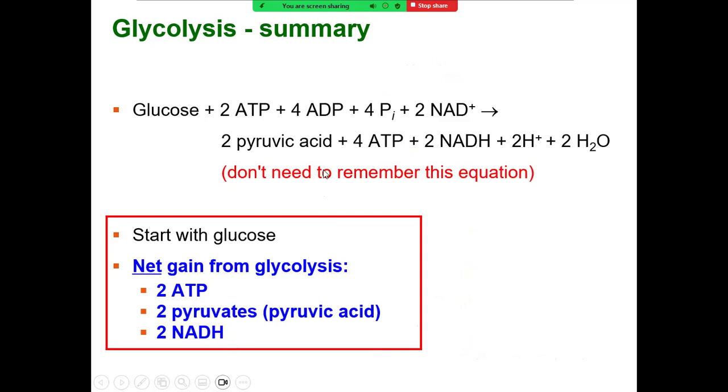And there's the summary reaction, which you don't need to know, where glucose, 2 ATP, 4 ADP, 4 inorganic phosphates, 2 NAD pluses generate 2 pyruvic acids, 4 ATP, 2 NADH, 2 hydrogen, 2 water. You subtract 2 ATP from 4 ATP, and you get a net gain of 2 ATP from glycolysis. So you must know what's in the red box for glycolysis. Any question about any of that?